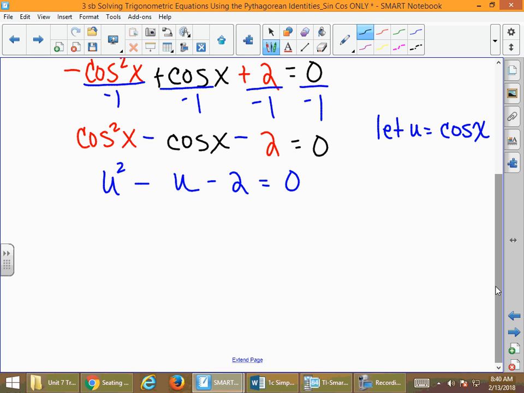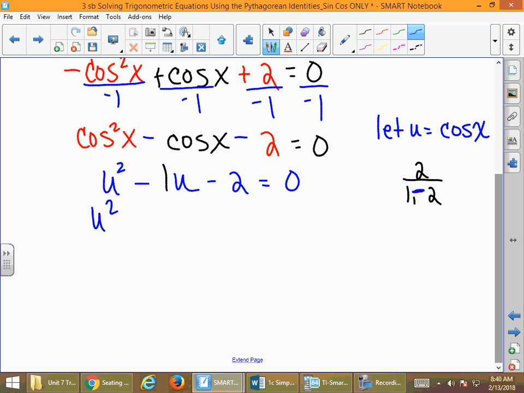And then we can split the middle. The number for that u is a 1. And the factors that we're going to use, it's 1 times 2 is 2. And those are the only factors. When we look at this, we need to combine to be negative 1. So this is 1 minus 2.